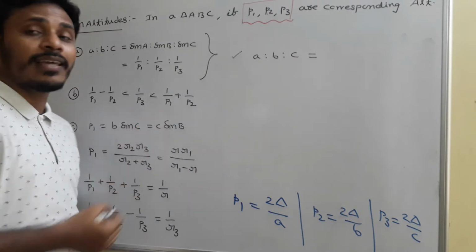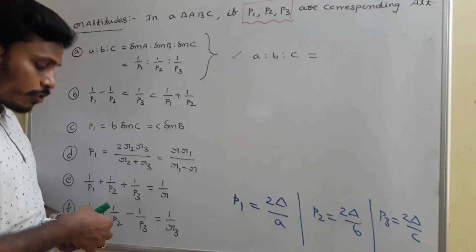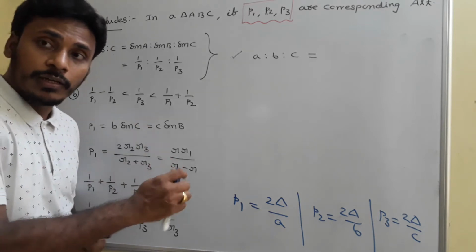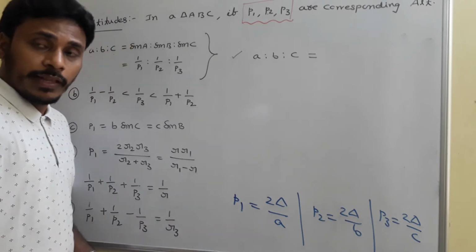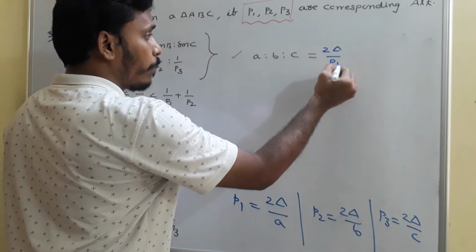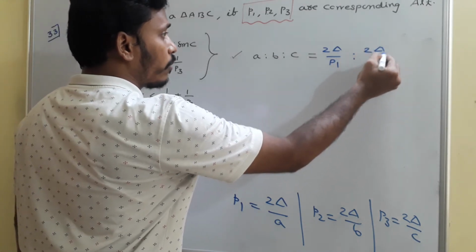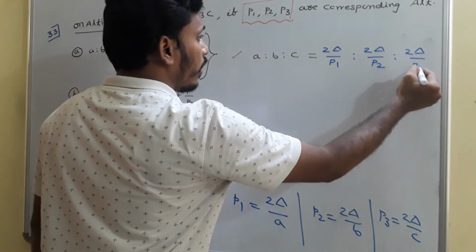Since we are thinking about triangle ABC, P1 is equal to 2 delta by A. Then what do you say about A in terms of P1? Since I need A, drag A this side and send P1 this side. Then A is nothing but 2 delta by P1, B is 2 delta by P2, and C is 2 delta by P3.